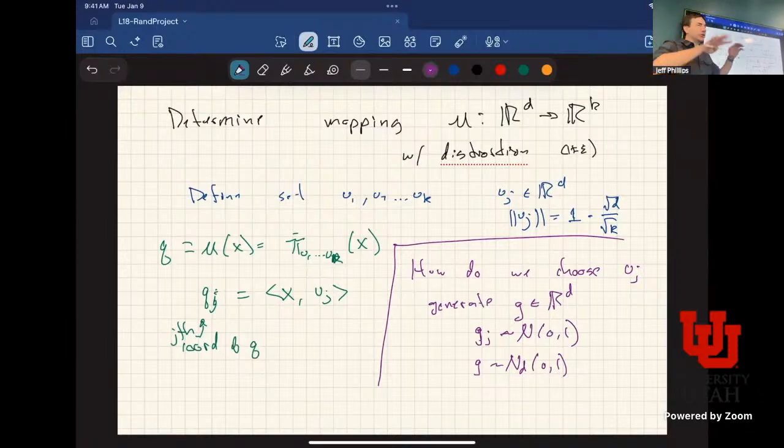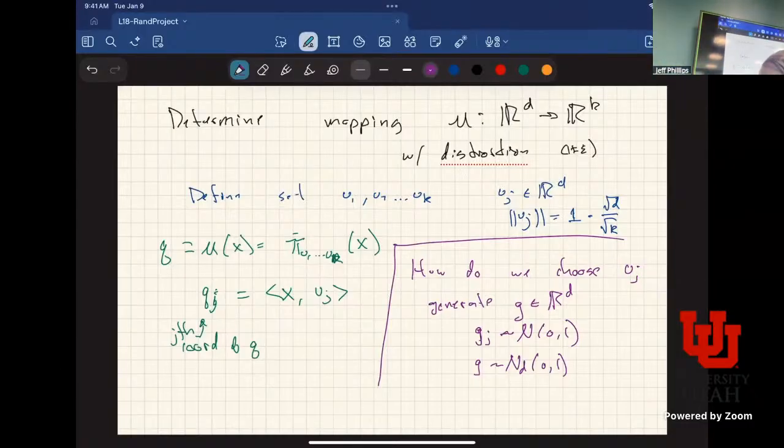And the normal distribution has the nice property that it is completely symmetric in every direction. So if I sample from a normal distribution and then do this sort of normalization, it lies on the hypersphere, and it's independent of direction. So it's a random direction in the space.